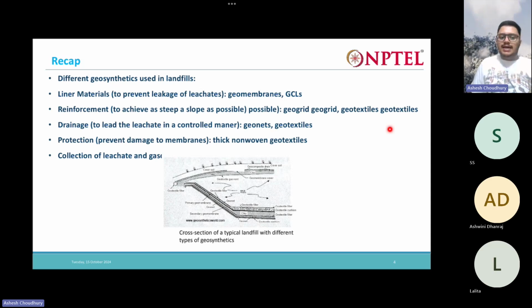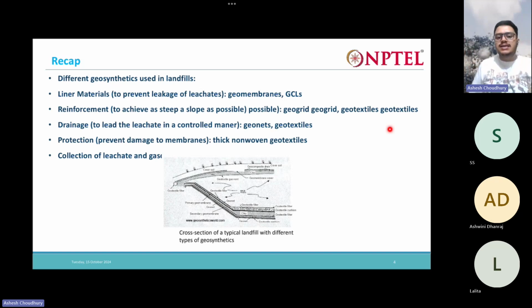And then, last, the collection of leachate and gases. As I already said, we need to design a proper collection system for the gases generated in the landfill and the leachate that comes out of it.